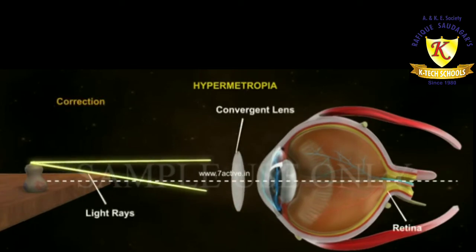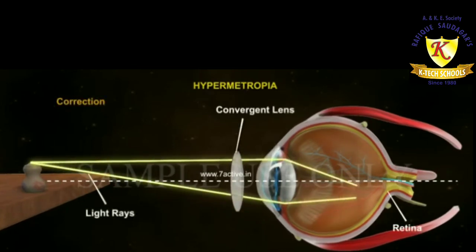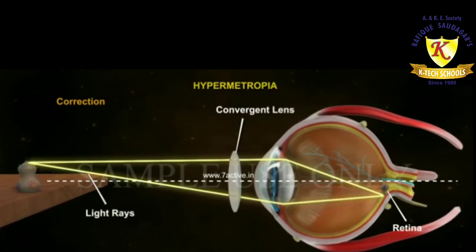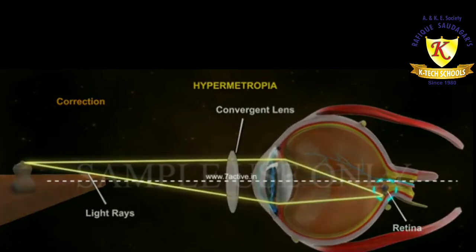A convergent lens is needed to compensate for the defect in vision. So this is the correction for hypermetropia.